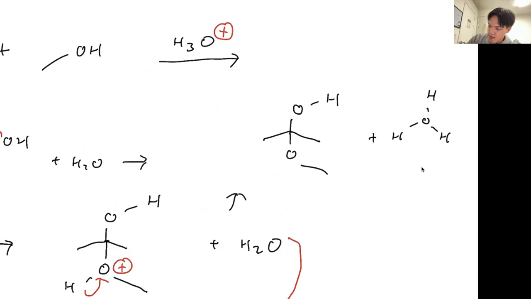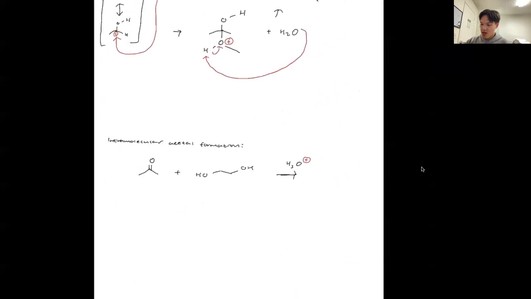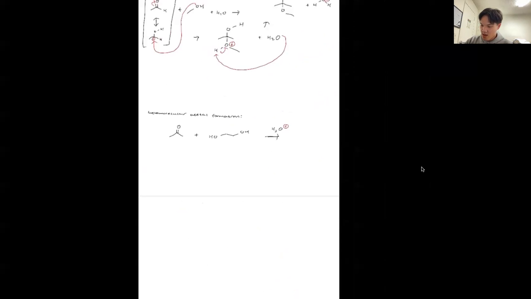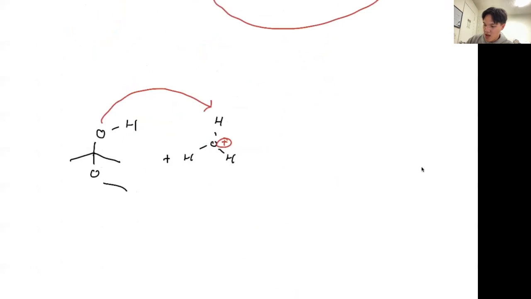So that means now this oxygen can attack the H again, and then we make it a good leaving group. Oh, I need more space. Let me move this down. So I'll move this up here. Right?